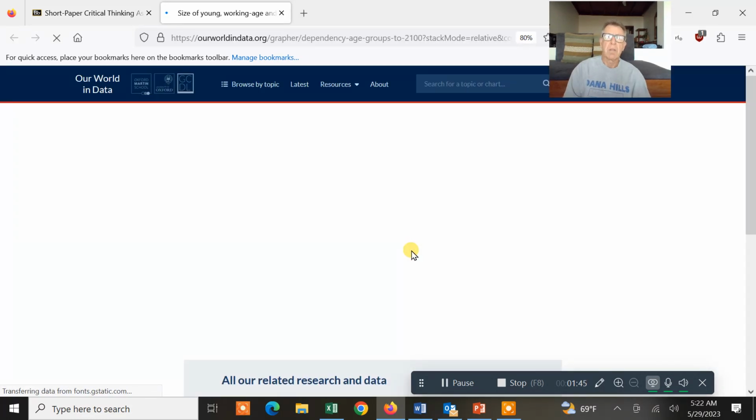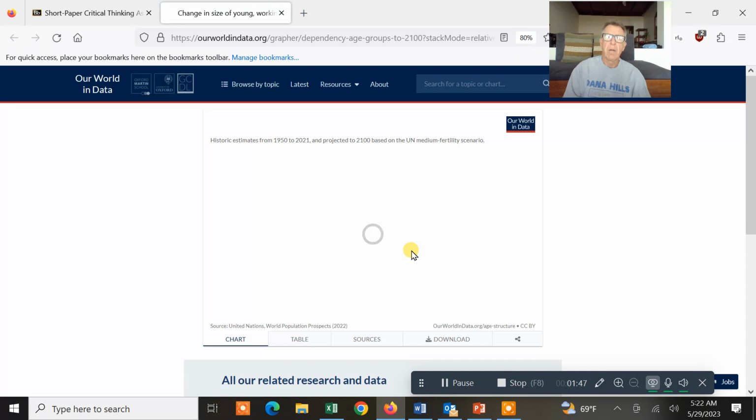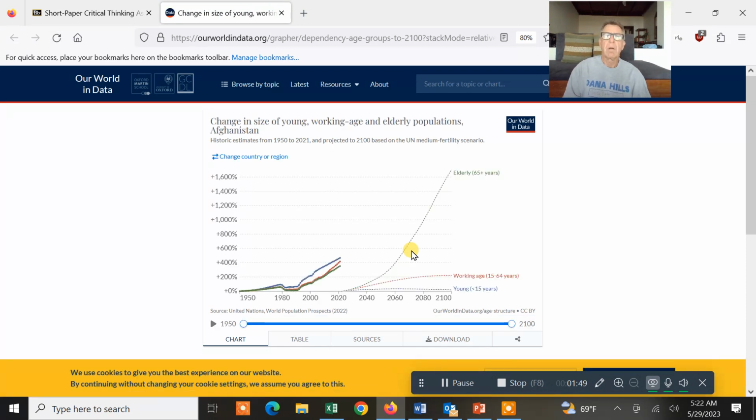This is the change in the working age and elderly populations. We see a lot more older people here, far fewer working age, and then down here the youngsters. So this is how you're going to go about this.